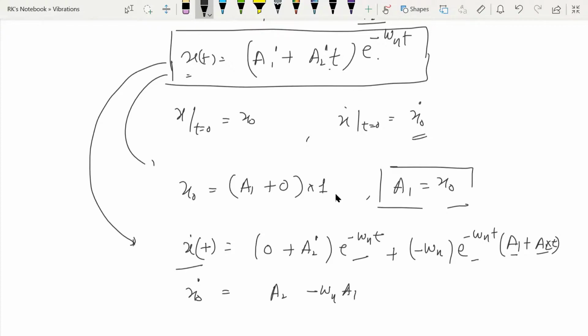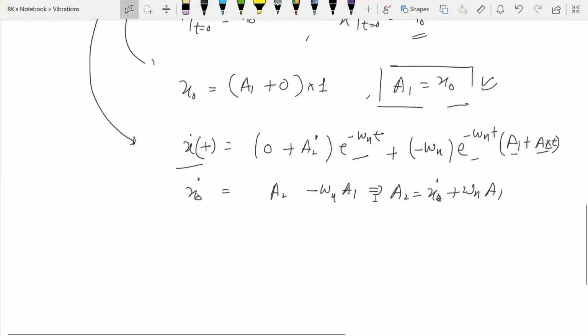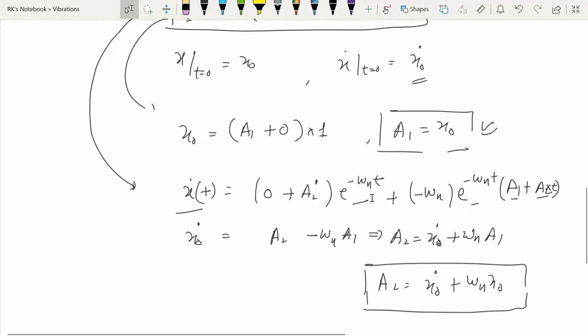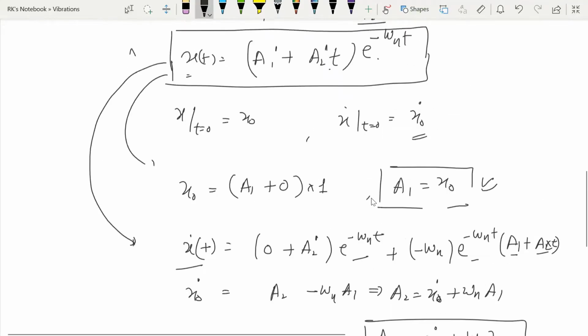So from here we can get a2 equals x naught dot plus omega n a1. Now we know the value of a1, so this can be written as a2 equals x naught dot plus omega n x naught. So now we know the values of both constants a1 and a2. So we can insert these values into this solution.